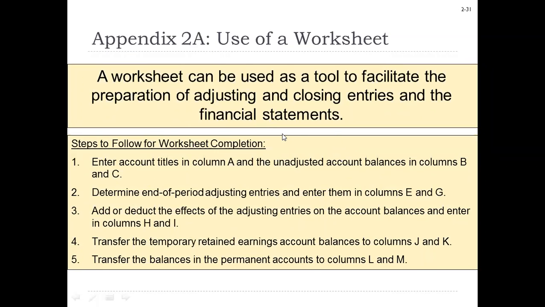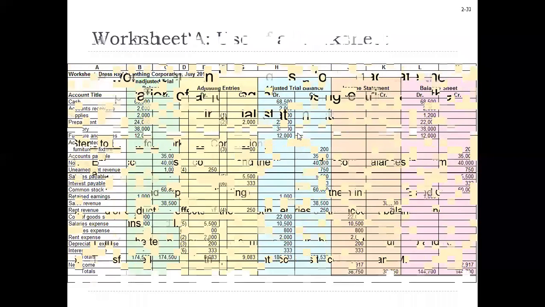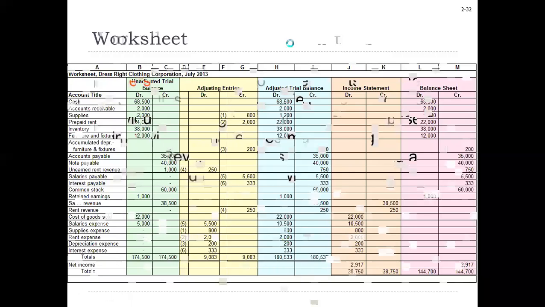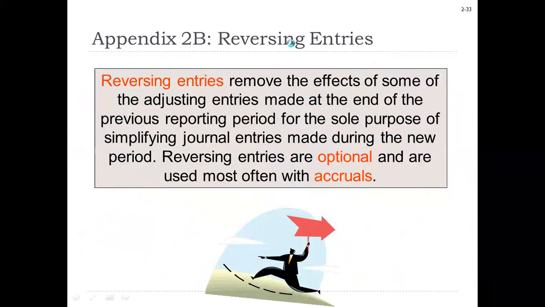But again, we're not going to really cover that in this class. Here's what it looks like: an unadjusted trial balance, the adjusting entries to get an adjusted trial balance, and from that you can make the two financial statements, income statement and balance sheet. Okay, so worksheet is just a mechanism for figuring out all of these things, but again, we're not required and we're not going to do it.